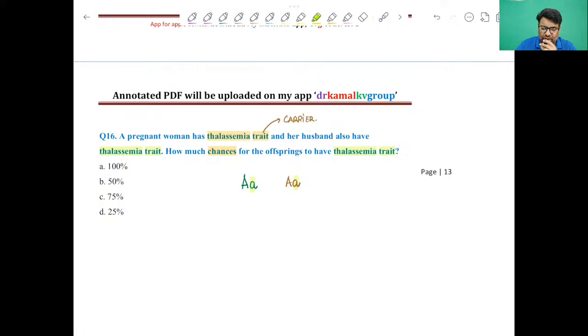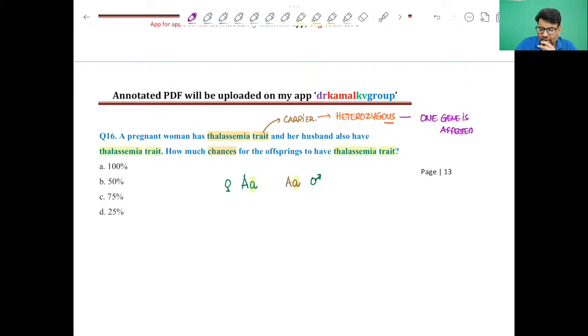So both the mother and the father, they are carriers, they are trait, because they are heterozygous. Only one gene is affected.